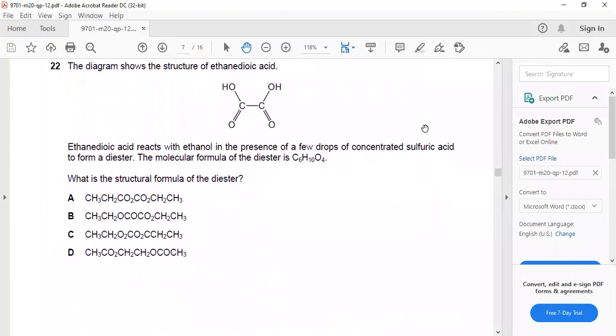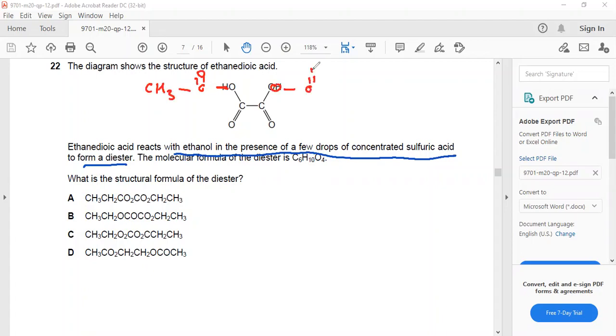Number 2. Ethane dioic acid is given. It reacts with ethanol with a few drops of concentrated sulfuric acid to form a diester. It means here OH is removed and you form ester.